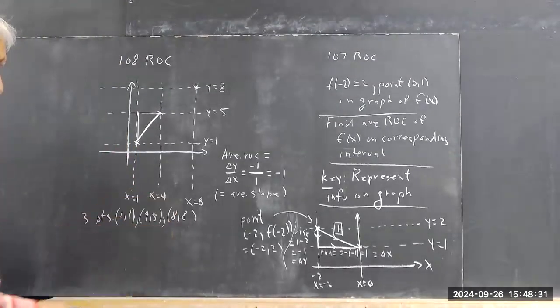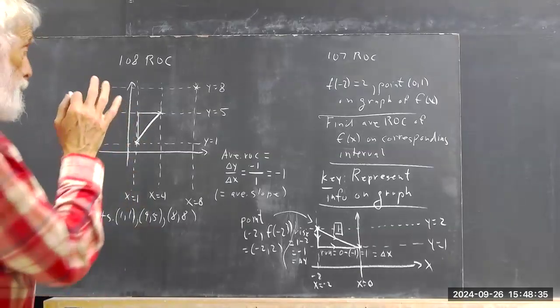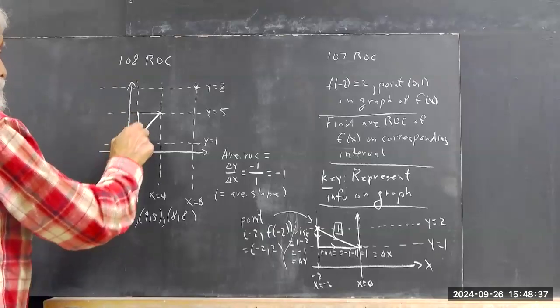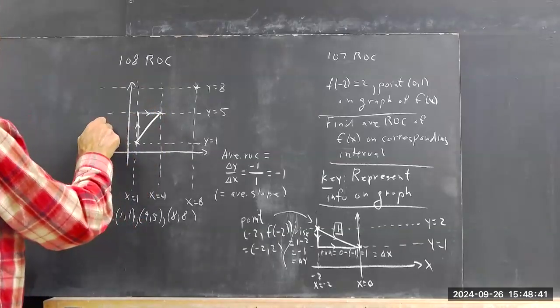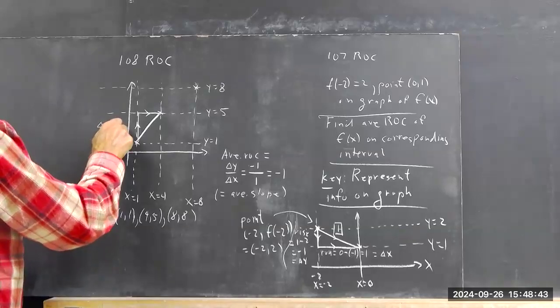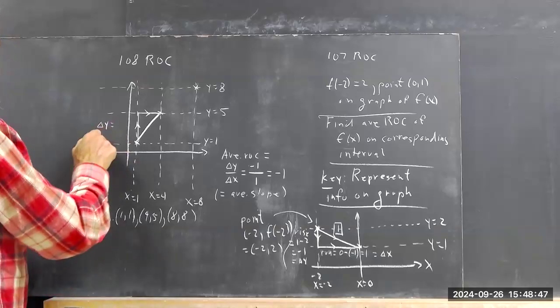You can do it from a formula if you want, but you learn much more if you understand both the formula and the picture. So the picture is we go from this point to this point. Here's our delta y.